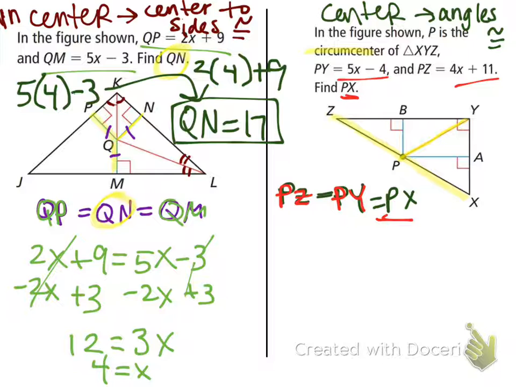So what can we do here? Set them equal. I'm going to do PZ first, which is 4x plus 11. Set it equal to PY, which is 5x minus 4. I always move the smaller x, which here is 4x.